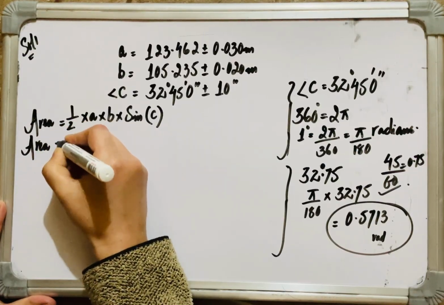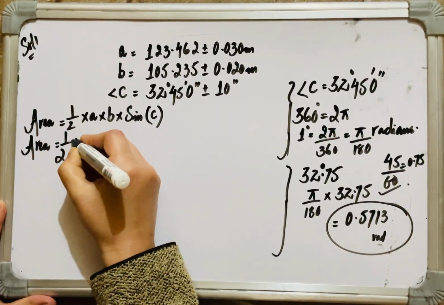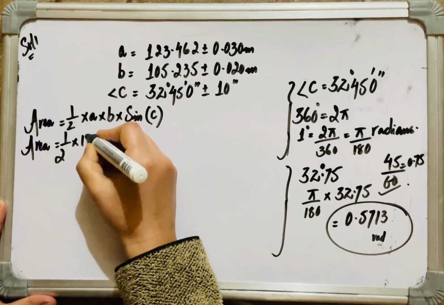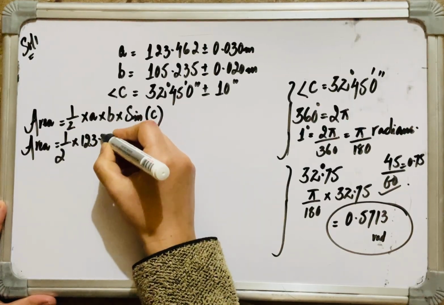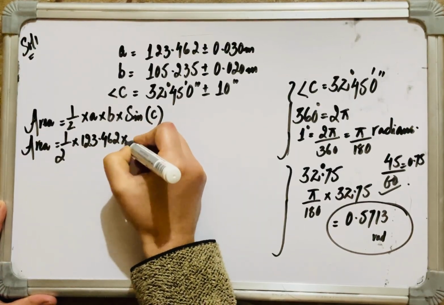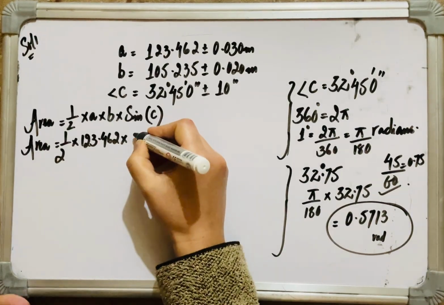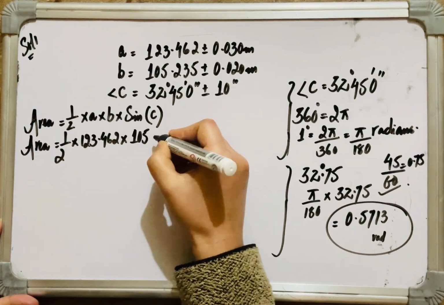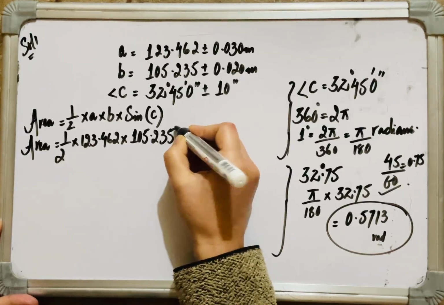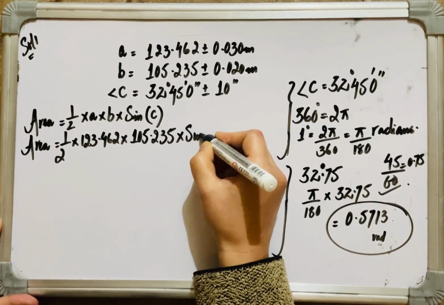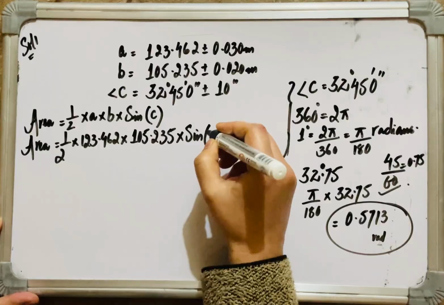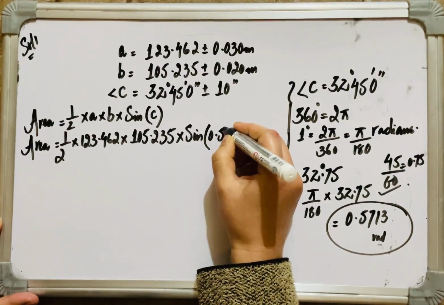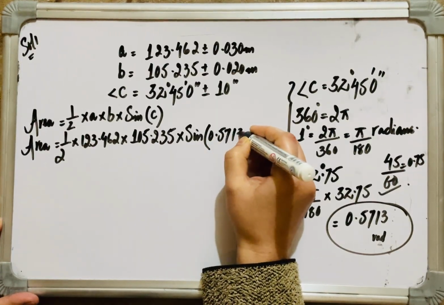Now let's calculate the area. Area is 1/2 of one side, 123.462, multiplied by B, 105.235, and sine of C in radians, 0.5713.